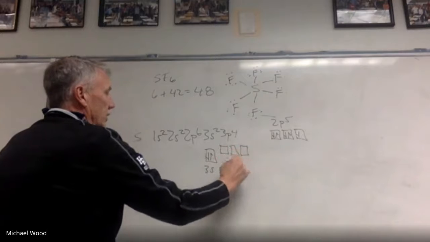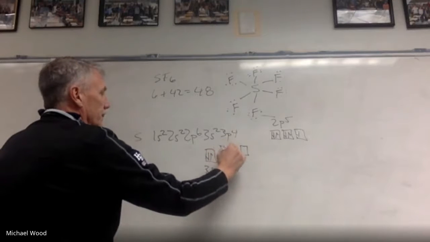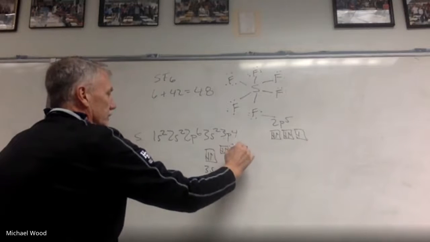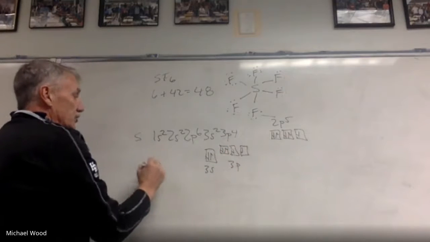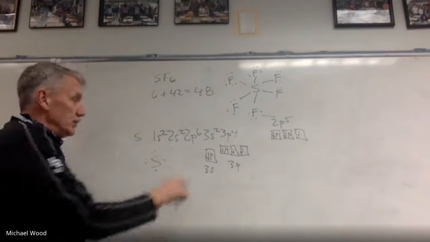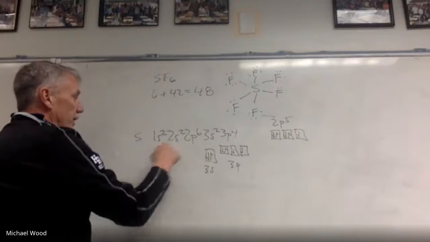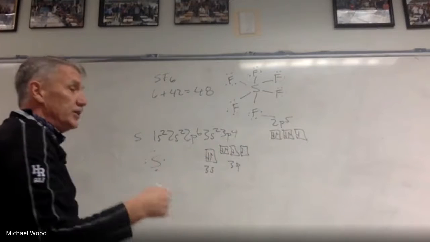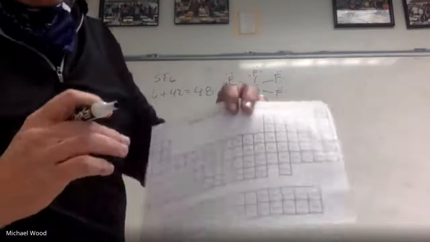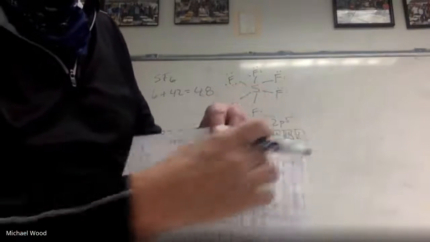Here's the 3p. And if you think of the dot structure of sulfur, it makes sense. So pair, and then single and single. But this is one of those expanded octets. This is one of those where now we're in the 3rd row or below.